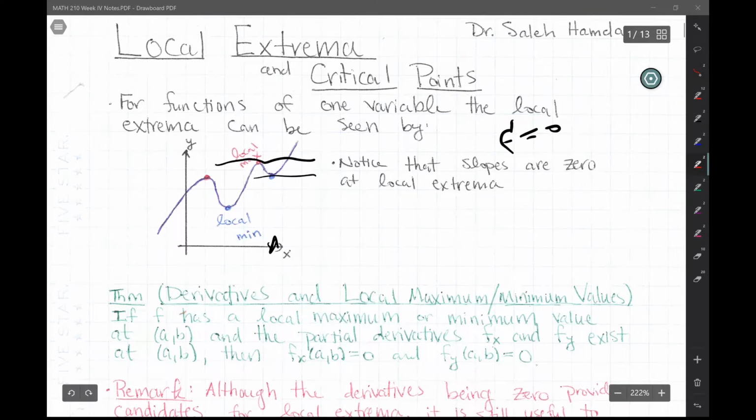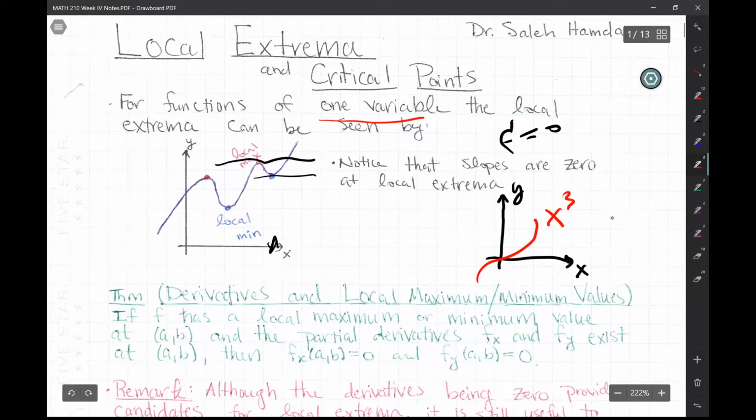Now, focusing a little bit on the one variable situation, you might recall that if at a point x the derivative is 0, that's no guarantee that there's a local min or max there. The quintessential example there is the function of one variable x cubed.